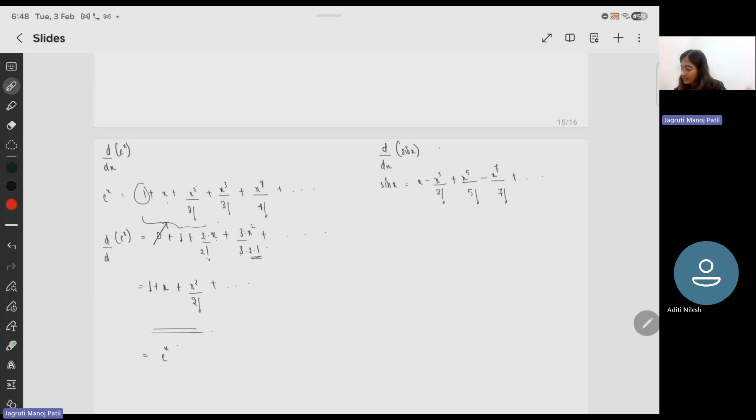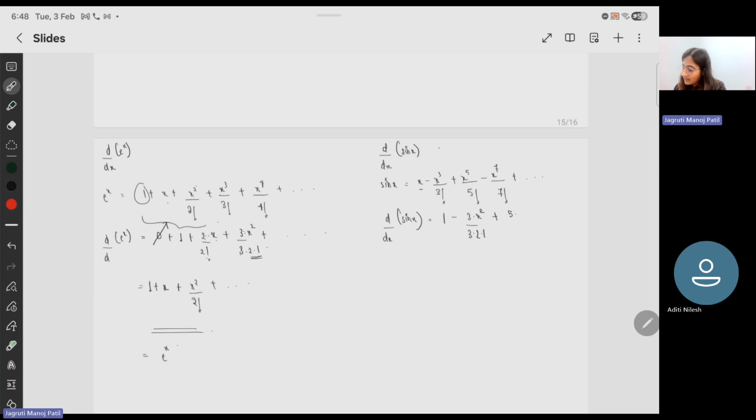So how do you do it for this one? Okay, you take the derivative of sin x. So what would be the derivative of x? That would be 1 minus, this is 3x squared by 3, 2, 1. Okay, we'll just evaluate the factorials itself.